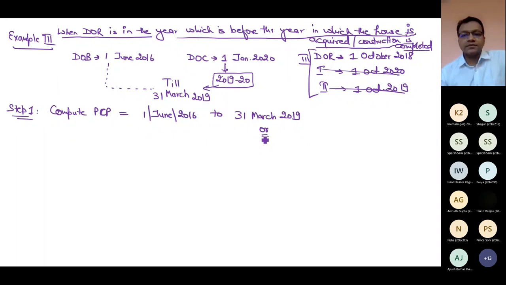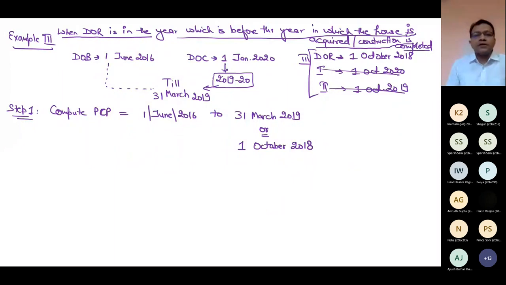Or first October? First October 18. Because you cannot compute the interest till 31st March 19, because you paid the entire amount of loan on 1st October 18 itself.